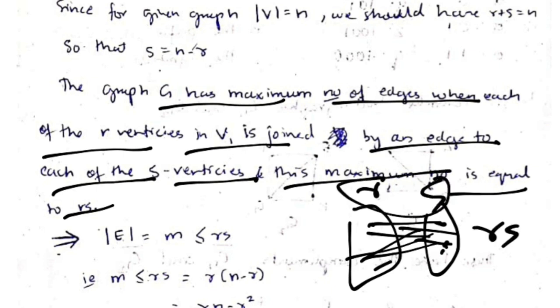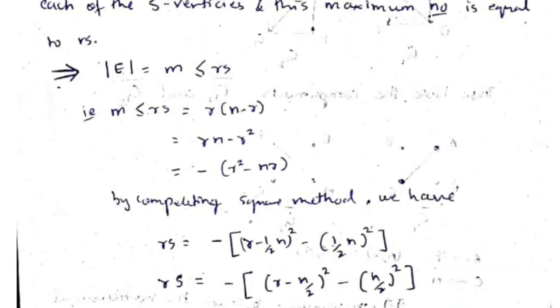Then the total number of edges is M, which is less than or equal to RS. Now it's just the simplification part, and we have the value of S as N minus R. Substitute the value of S as N minus R and then expand it. By the completing the square method, we obtain the final result, which is R equal to N by 2.